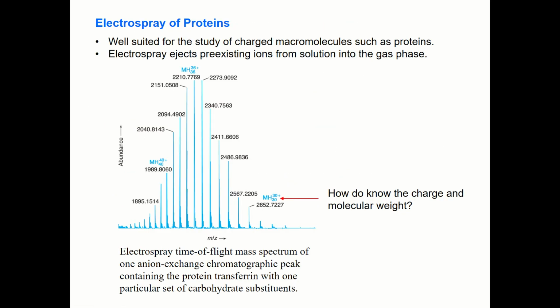Okay, the next topic is the electrospray of proteins. This is well suited for the study of charged macromolecules such as proteins. When proteins undergo electrospray, they take not only a single charge but many charges. This is a typical example of an electrospray mass spectrum of a protein, transferrin.